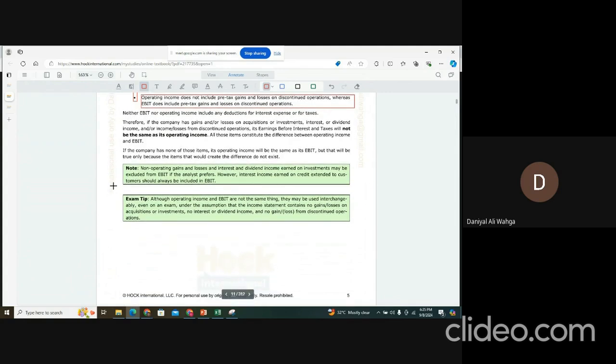Note number one explains non-operating gains and losses: interest and dividend income we earned on investments are excluded from EBIT if my analyst looks. However, interest income earned on credit extended to customers should always be included in the EBIT.